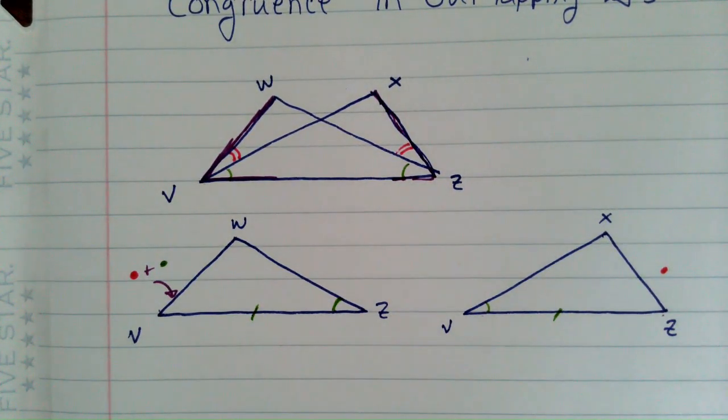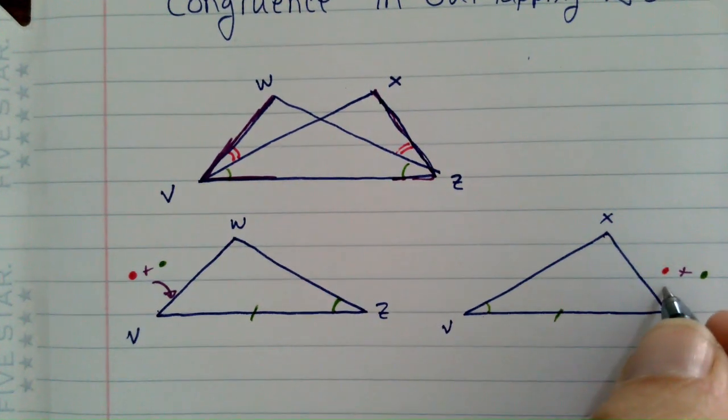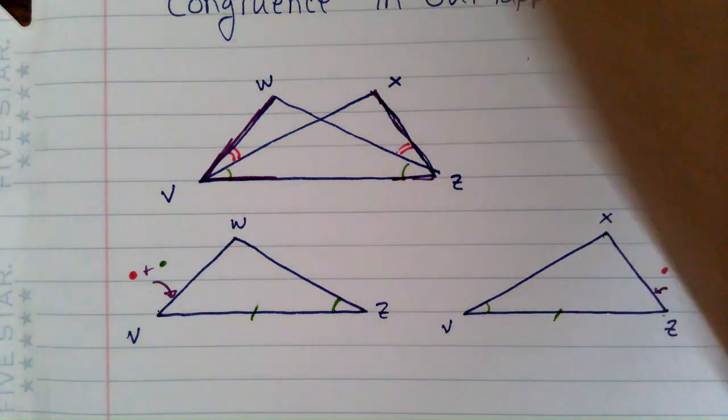So pink plus green. Because I'm adding the same numbers both times, they're going to add up to the same value. So that means those angles also happen to be the same.